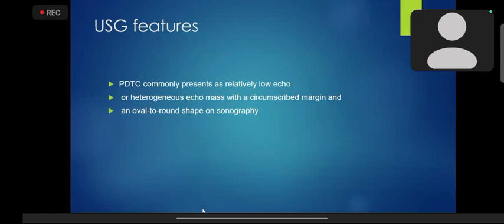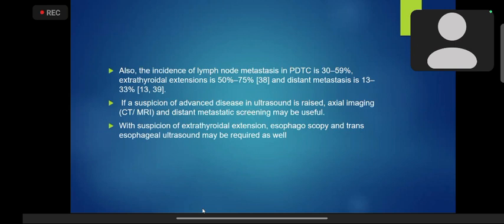So the typical features are a relatively hypoechoic, heterogeneous mass with a circumscribed margin, and oval to round shape on sonography. The incidence of lymph nodal metastasis in poorly differentiated thyroid cancer is 30 to 59%, extrathyroidal extension is 50 to 75%, and distant metastasis is 13 to 33%.